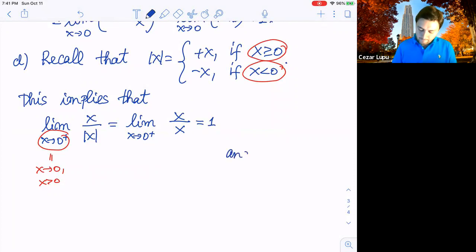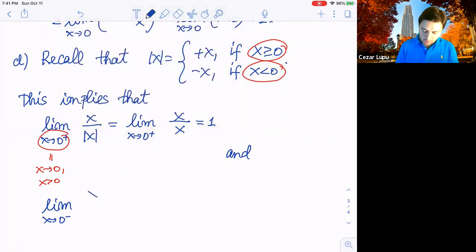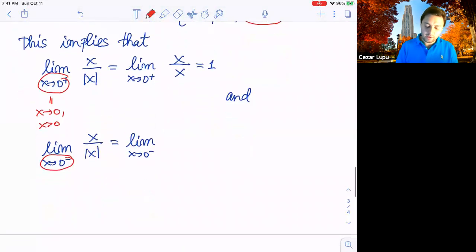And we also have that the lim as x approaches 0 minus of x over absolute value of x is nothing else than just the lim as x approaches 0 from the left, and now we should look at this guy, and this is nothing else than just x approaches 0 and x is less than 0.